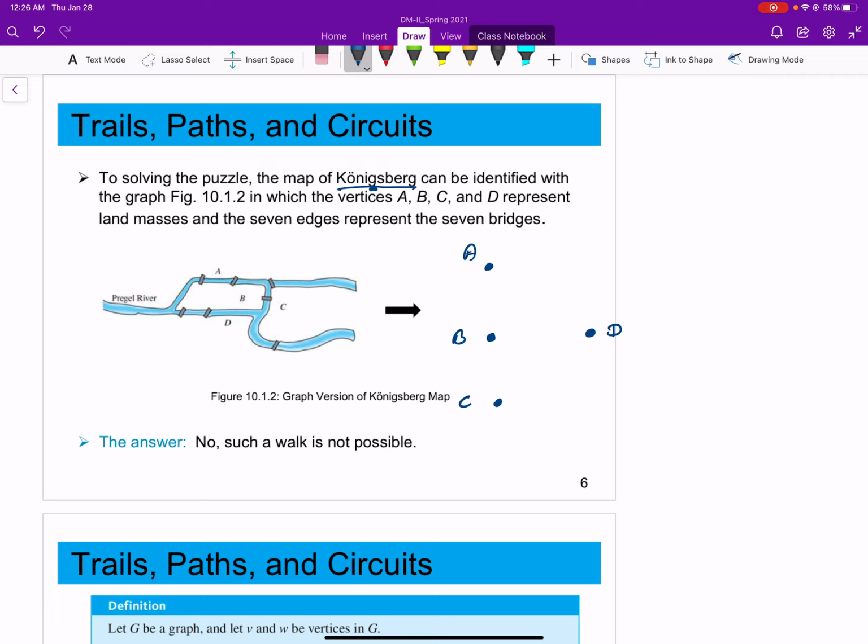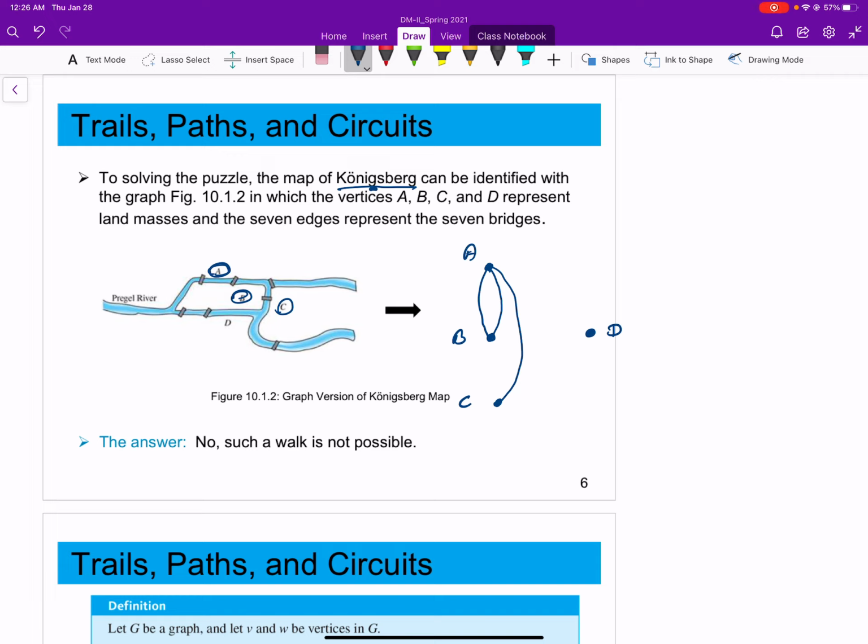All right, so let me check that. You can consider these 2 land masses. There are 2 bridges between A and B, right? So you mark 2 bridges with 2 edges. And then if you consider A and C, yes, between A and C there's one bridge, so you could mark that like this.